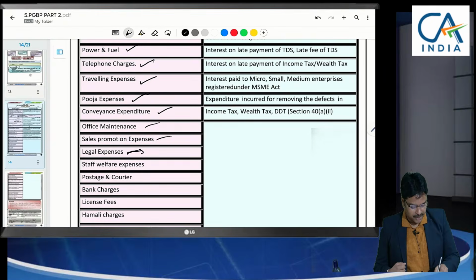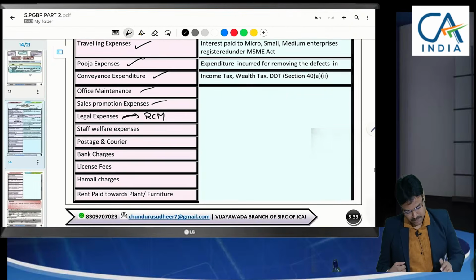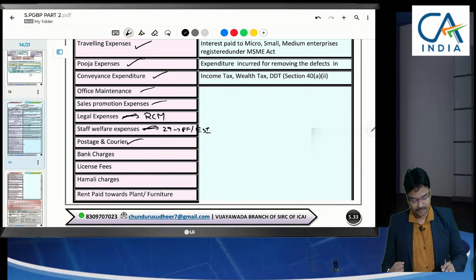On these legal expenses under the GST Act, RCM will get attracted, reverse charge mechanism to be paid. Staff welfare expenses, postage and courier. Staff welfare separately in section 29 we have dealt with PF or ESI or other things, here you can see.